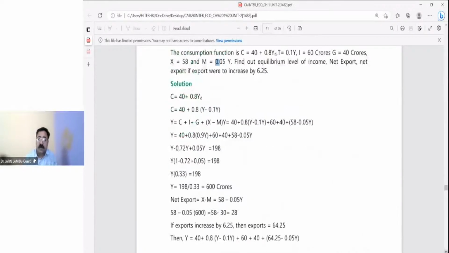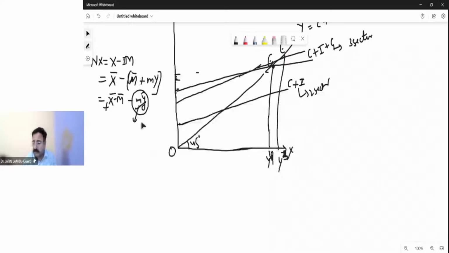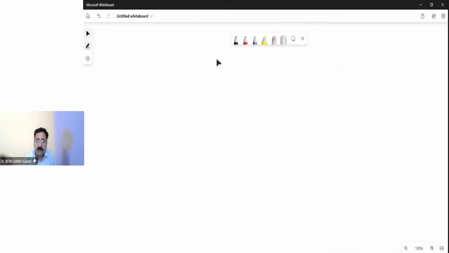So now we have to find the equilibrium income, then the other part we will do. I am writing all these given things, then we will solve it. Illustration 17.